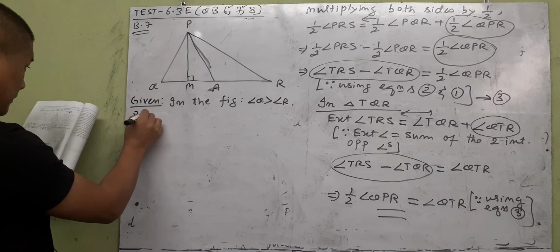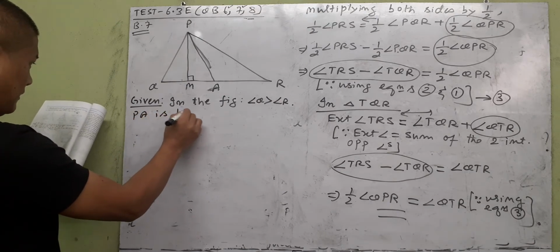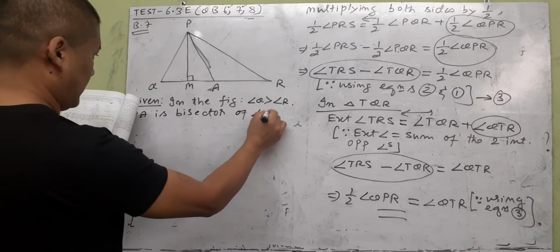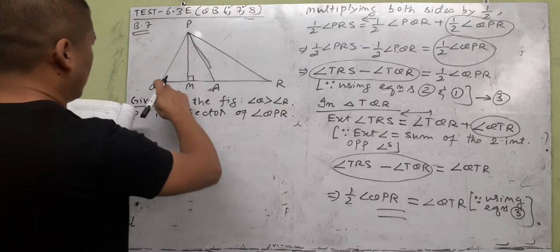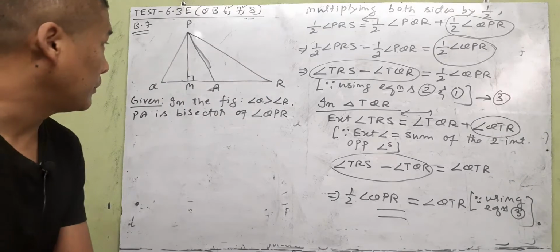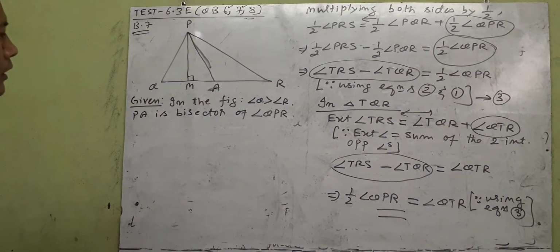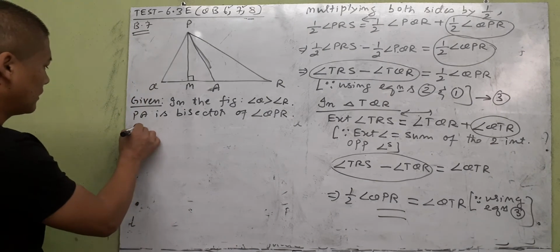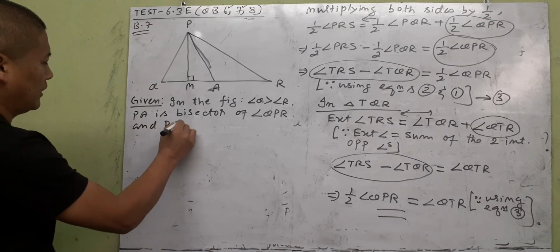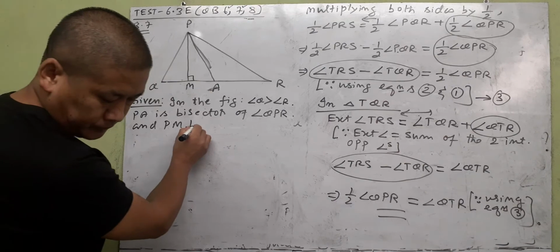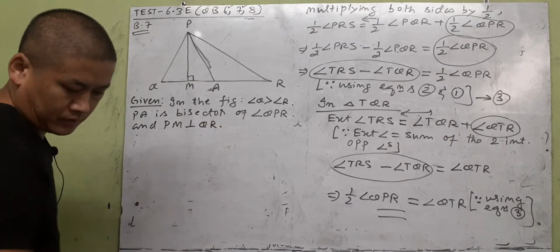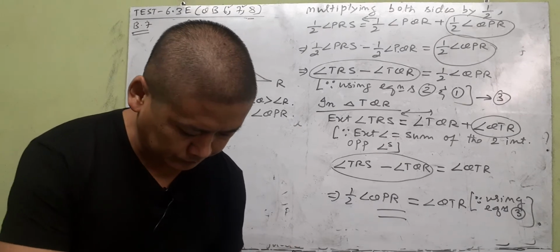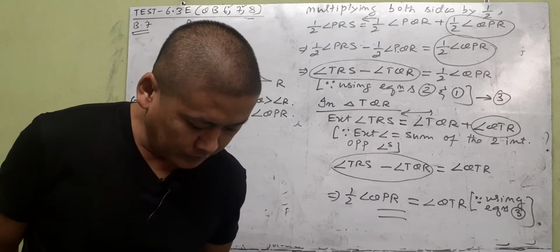Anyway, PA is bisector of angle QPR, okay, bisector. So that much is given, and PM is perpendicular to QR.